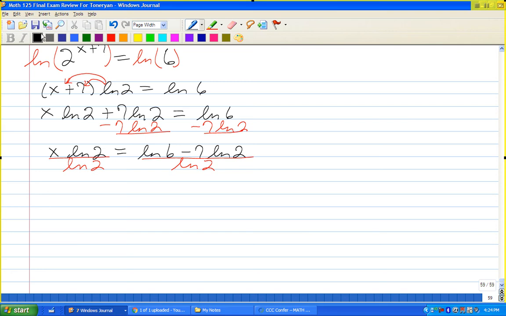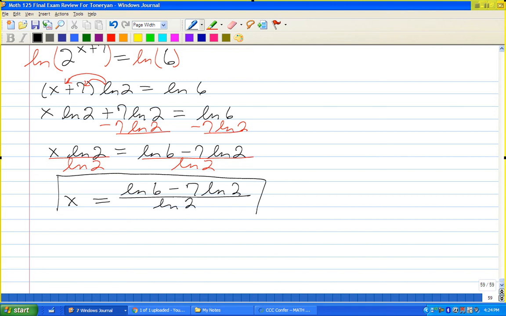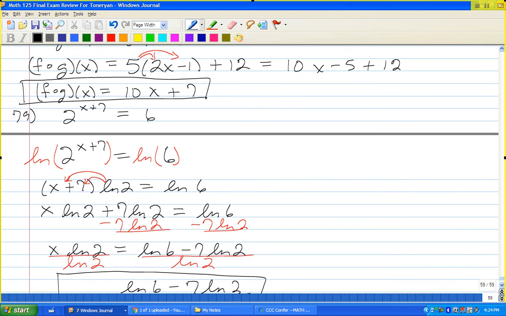And so I have that x is equal to ln 6 minus 7 ln 2, all divided by ln 2. And that is your answer. Let me do problem number 80.